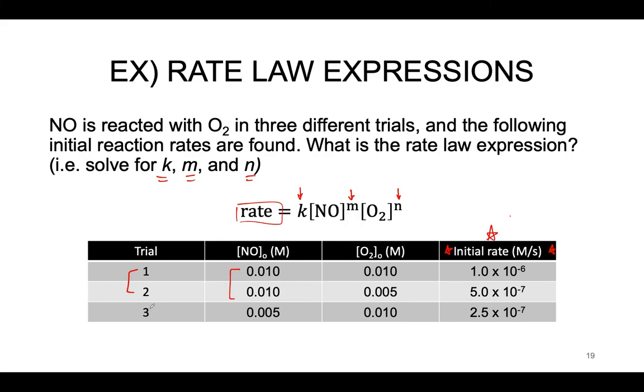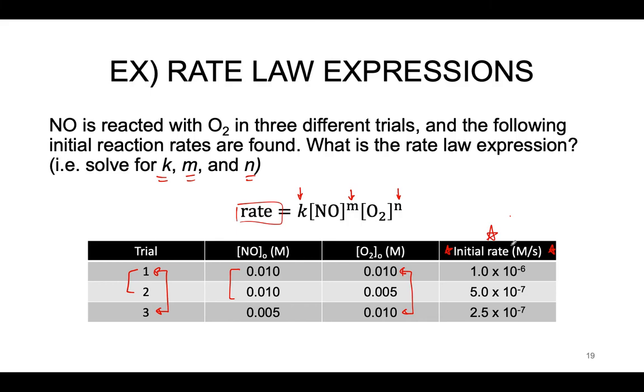Similarly, between trials 1 and 3, it looks like the concentration of O2 was held constant, which means trials 1 and 3 will be useful for determining how the concentration of the nitrogen monoxide impacted the rate.